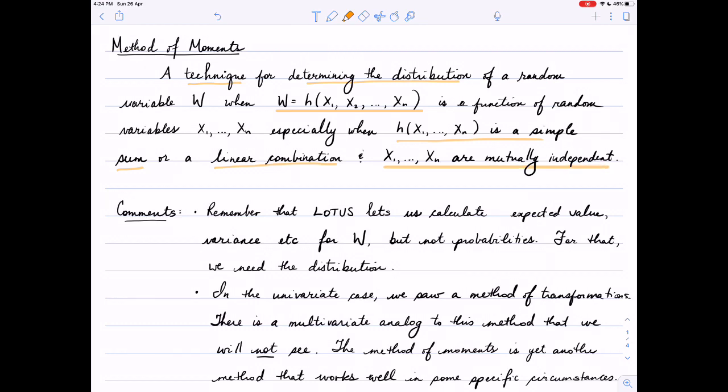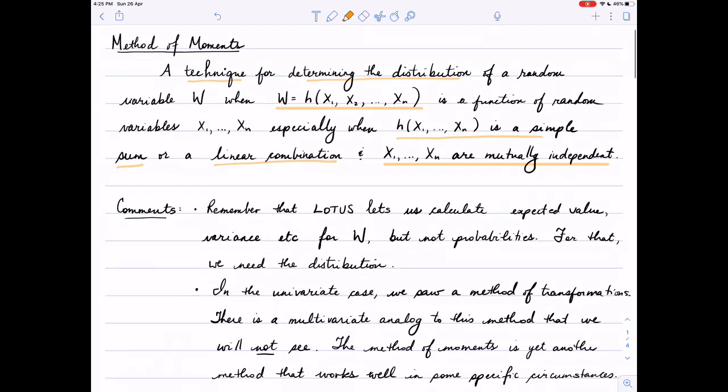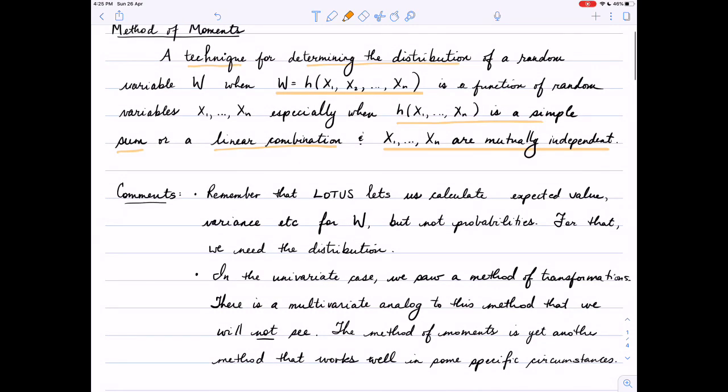So just a couple of comments before we go into looking at this method of moments and applying it in a couple cases. We have talked a bit about LOTUS, the law of the unconscious statistician. And this law lets us calculate expected value and variance and other moment-related things for our new variable w, but not probabilities for w.